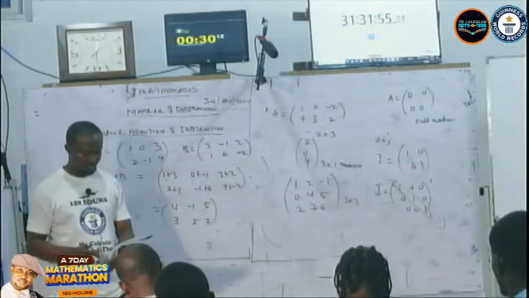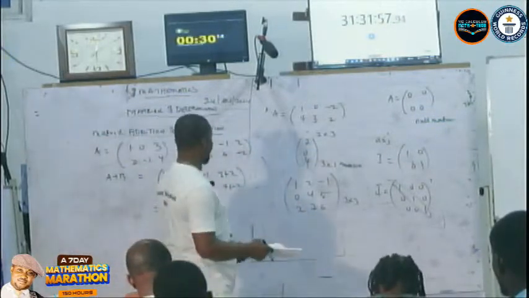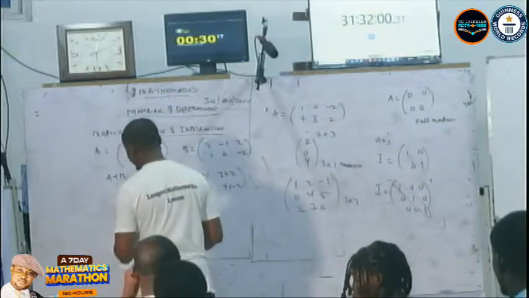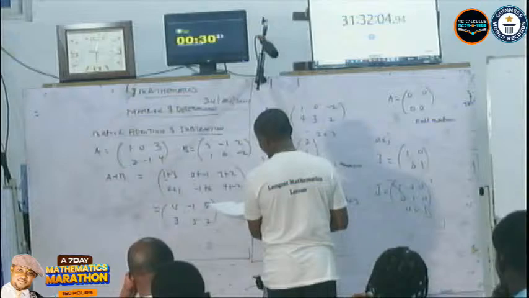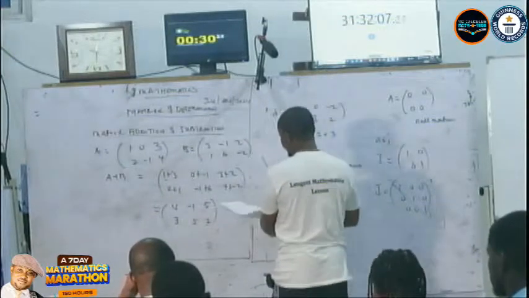Now let's see how we can do 3 by 3 matrix addition and subtraction.